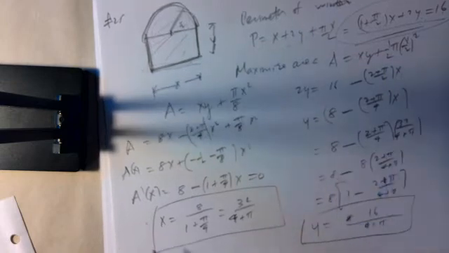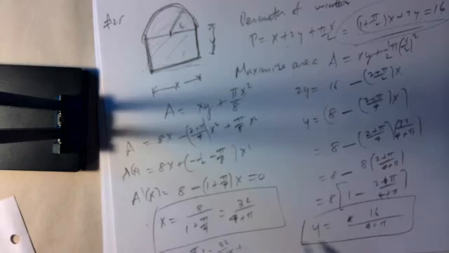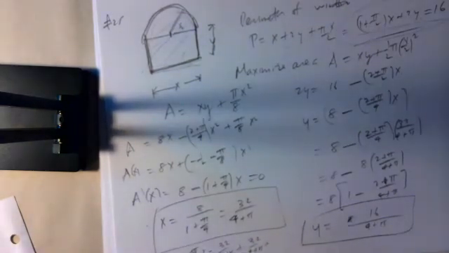And let's just check the parameter. x plus 2y plus pi over 2 x is 32 over 4 plus pi plus 2y, which is another 32 over 4 plus pi, plus pi over 2 times x.